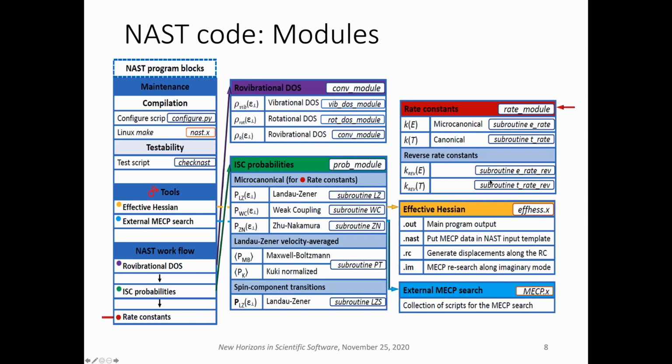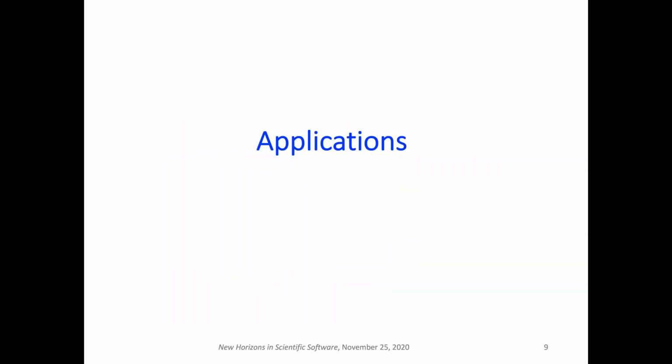All this is fed into the rate constant code, which calculates the canonical and microcanonical rate constants, forward and reverse reactions, and so on. I also mentioned the external MECP search model, which can be used if your electronic structure code doesn't have its own MECP search algorithm.